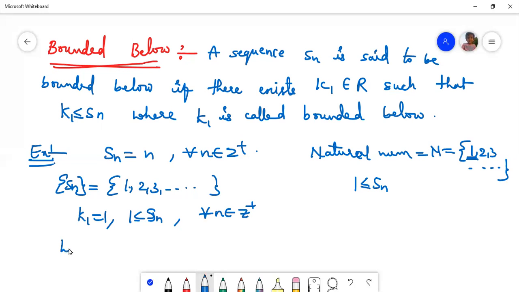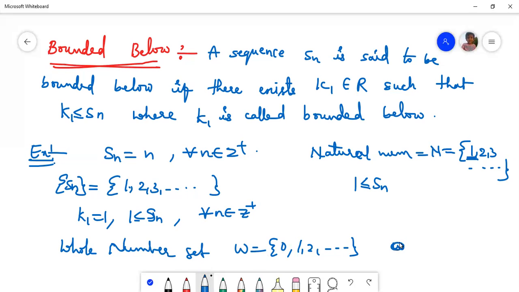We can take the whole number set is also a bounded below sequence. The whole number set starts with 0, 1, 2, 3. So the lower bound of the whole number set is equal to 0. 0 is the lower bound or bounded below.